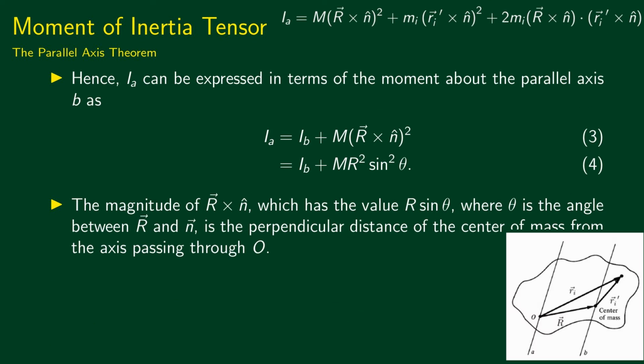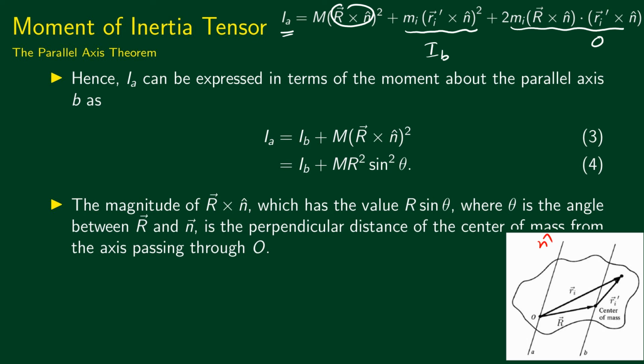Okay. Let's put all this together and see what we have found. This was the expression for the moment of inertia about axis A. We just found that this term is 0, and we found earlier that this term is the moment of inertia about axis B. Now what about this term? This is (R vector cross n hat) square. In the picture, capital R vector is this vector, this is n hat.